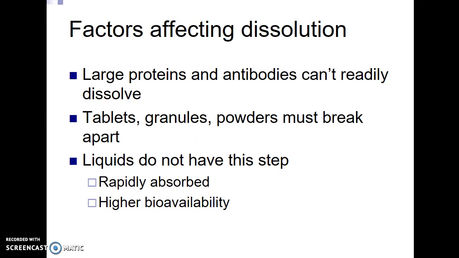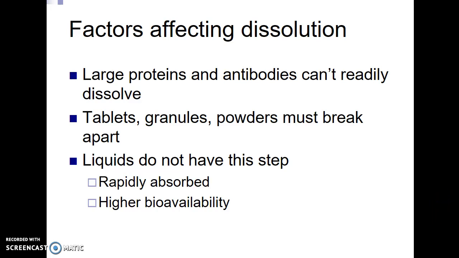So if we're going to get drugs into the systemic circulation fast, we want them to dissolve. So they have to easily break apart or dissolve in the gastrointestinal system so they can get across those barriers, the gastrointestinal mucosa. Liquids readily get across. They tend to have a higher bioavailability simply because they are much more easily absorbed.